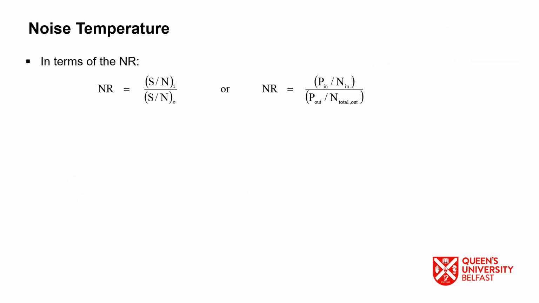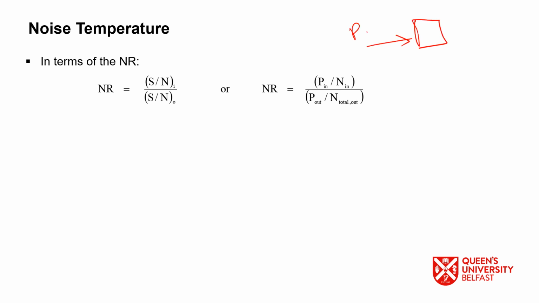In terms of noise ratio, NR, as we have seen before and did one example, the signal to noise ratio at the input and the signal to noise ratio at the output, if we take their ratio, then we will get the noise ratio. Or noise ratio can also be written as power at the input of a system or a receiver or amplifier divided by the input noise, divided by P out, that is the power at the output of the receiver, divided by N total out.